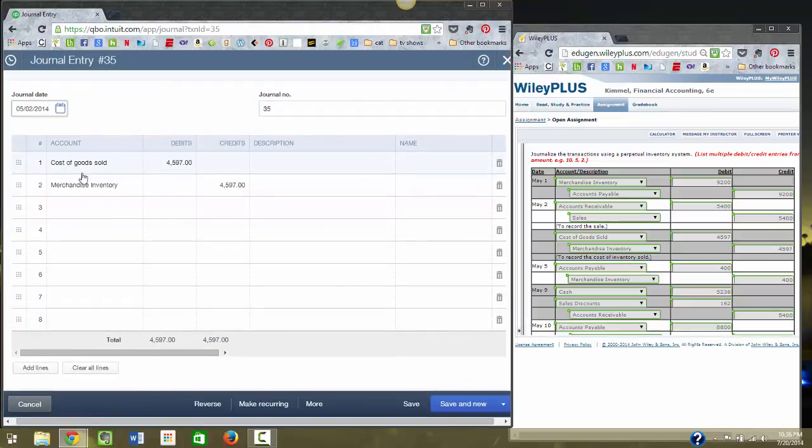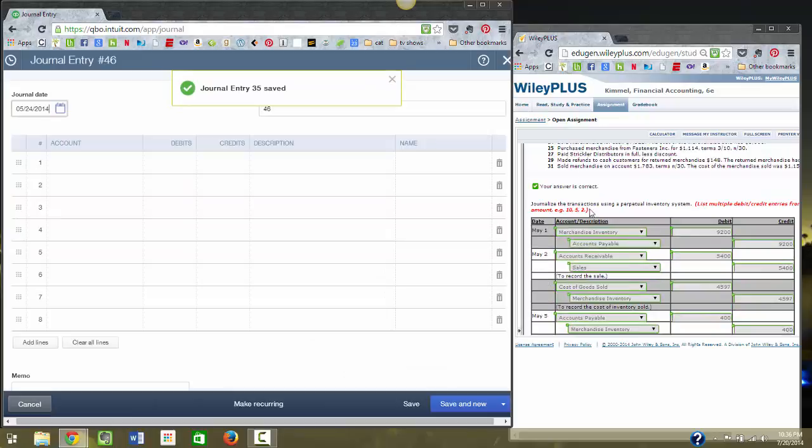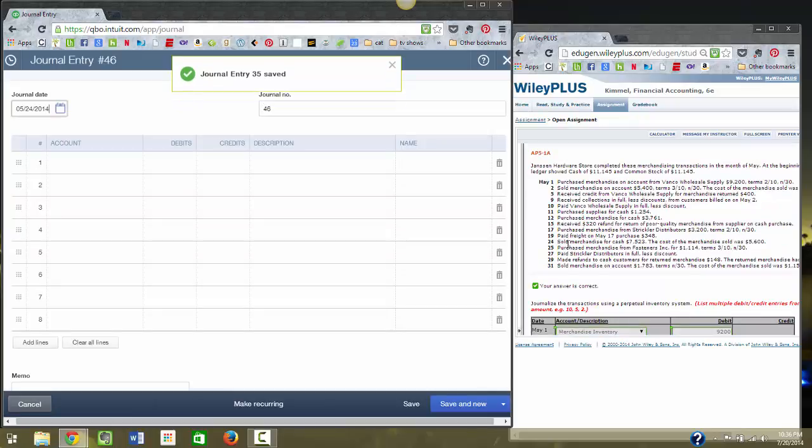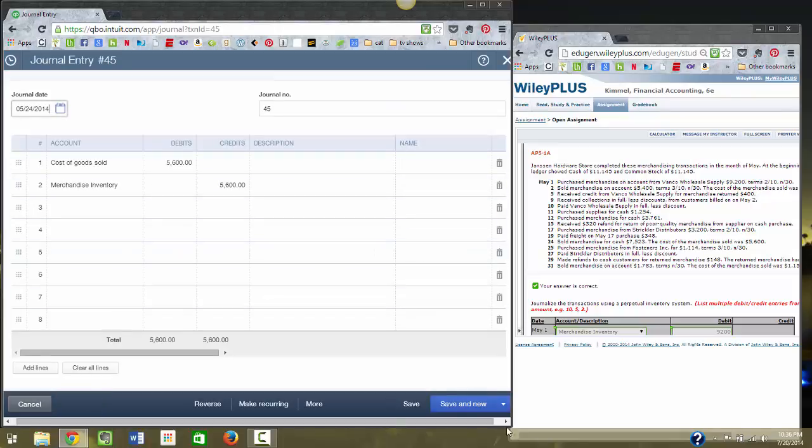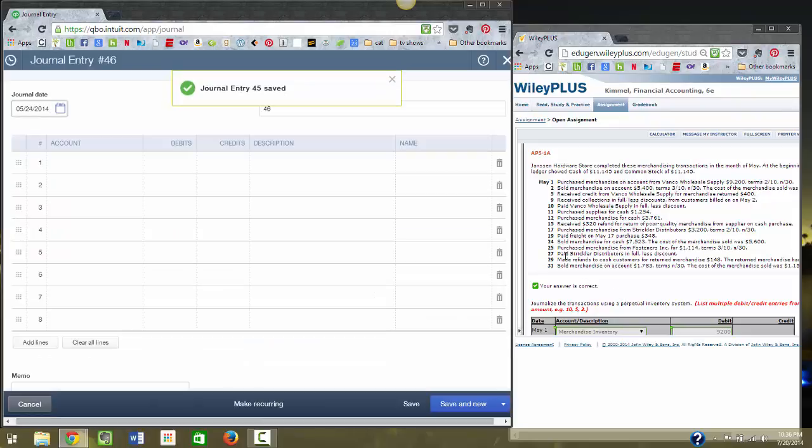Okay, I can see $45.97 cost of goods sold. That's correct. So we've sold the merchandise and taken care of all that. Let's just double check to make sure we did that. Yes, that's our most recent. So save that and move on to the next one.